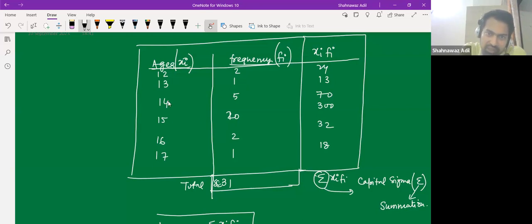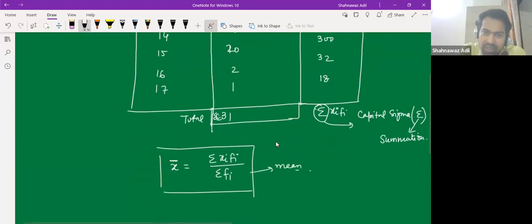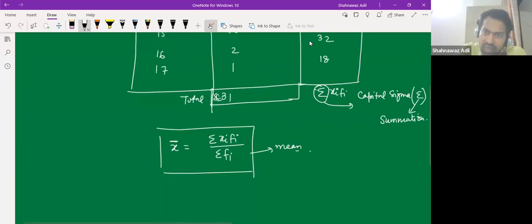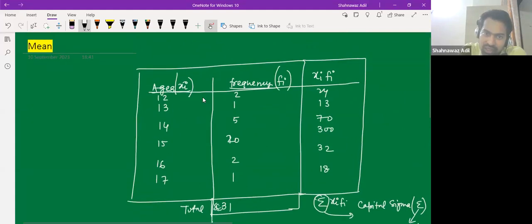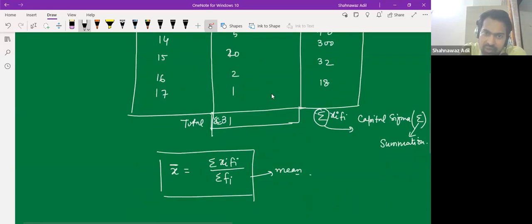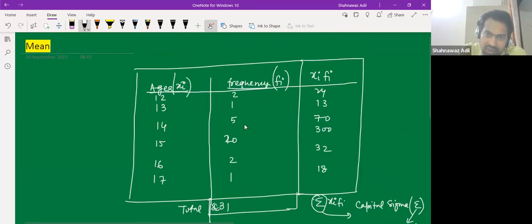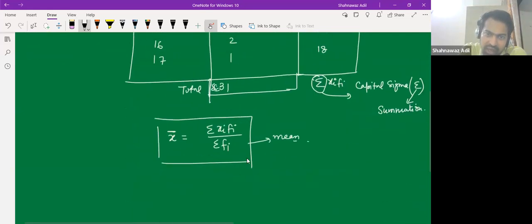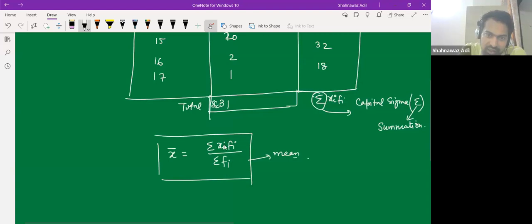So this is the distribution of the ages, and this is the frequency. When you want to calculate the mean, you calculate the product of ages and frequency, add them all, and divide the total of the products by the total frequency, the number of students. This is how you calculate the mean. So is this part clear, Shaima?